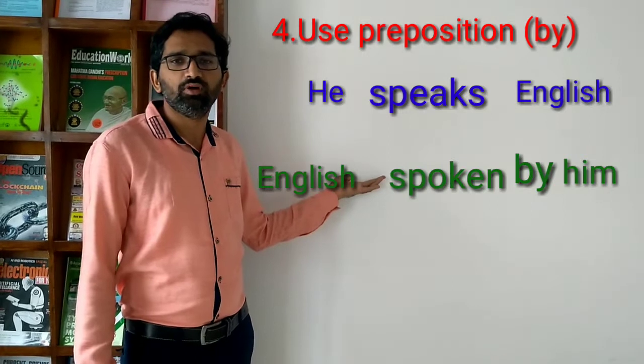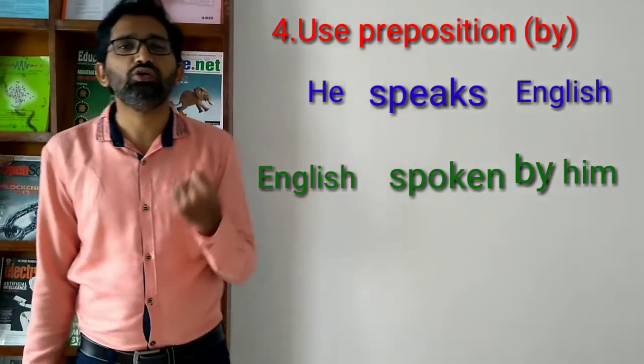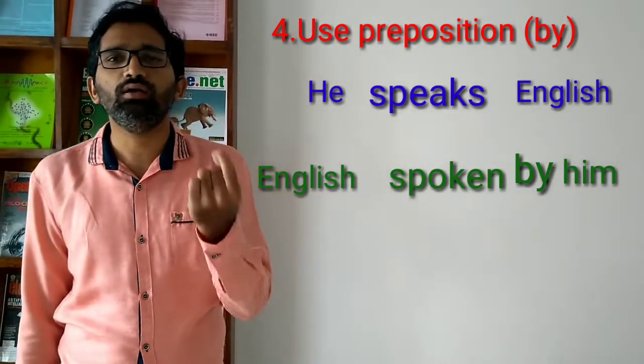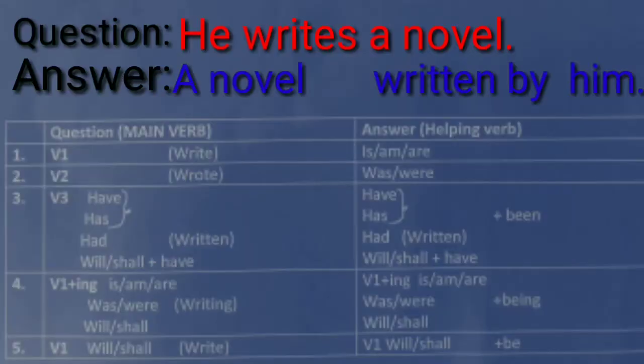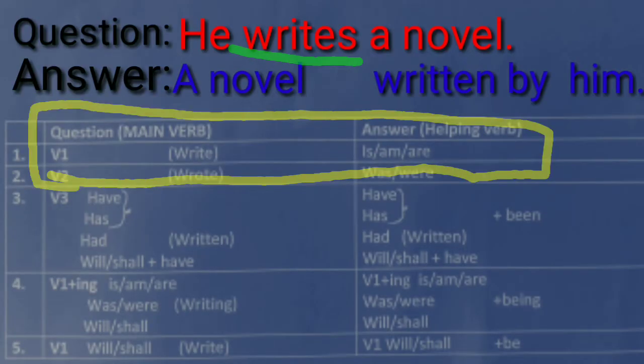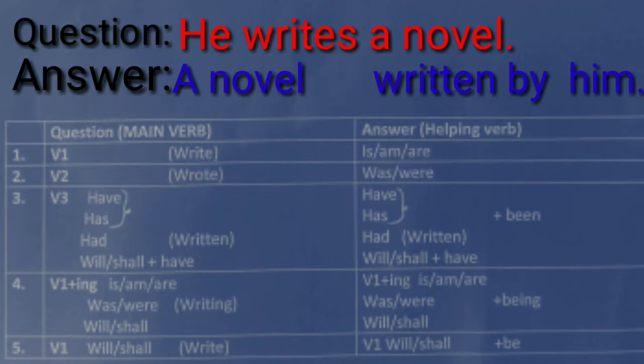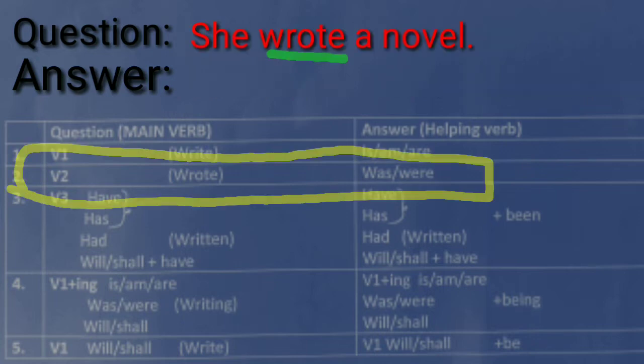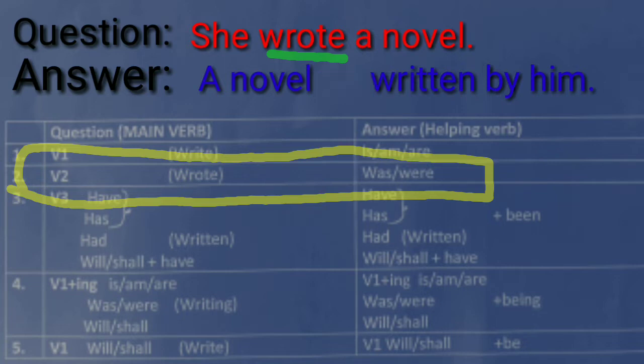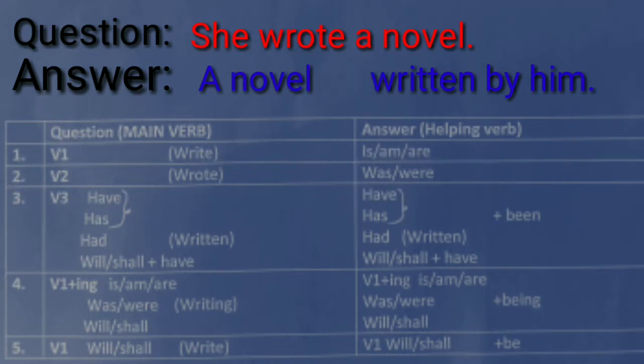To get a helping verb, you have to learn a small table by heart. Here it is. If you have the V1 form of the verb, then you will have is, am, or are as helping verbs in the answer. If you have the V2 form of the verb, for example wrote, in the question, then you will have was, were as helping verbs in the passive voice.